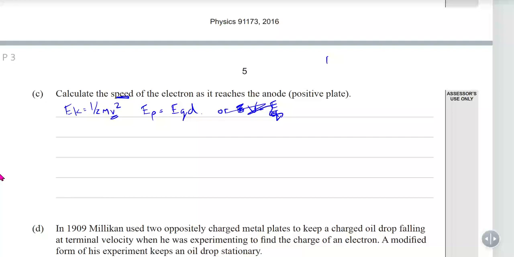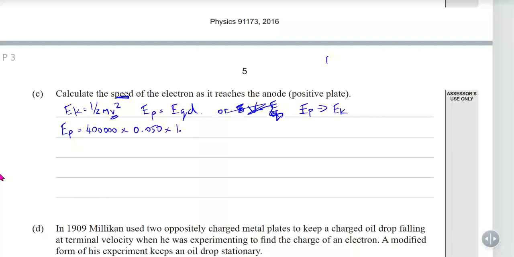So firstly, we're going to work out the potential energy. So EP, and the key thing that we've just talked about up here is that EP is turning into EK. By the time it reaches the plate, all of the potential energy is converted to kinetic energy. So we're going to set EK equals EP. Now EP equals, the electric field strength was 400,000. The distance was 0.050.